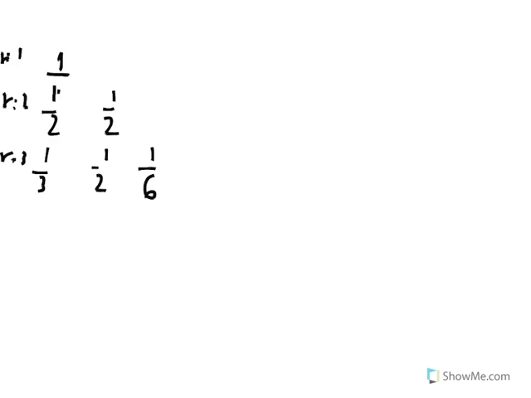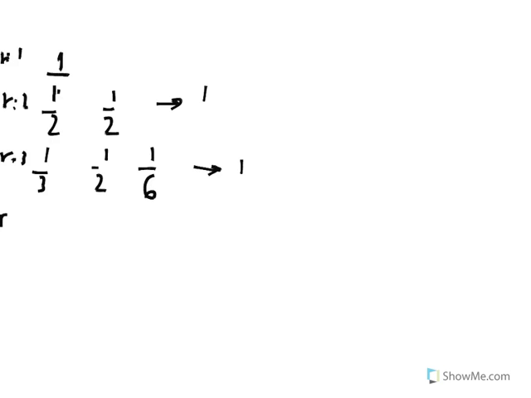First observation is that every row has one more number than the row before. Another observation is that the sum of all the numbers in the row always equals 1. So 1/2 plus 1/2 is 1, and 1/3 plus 1/2 plus 1/6 equals 1. So if I know all but the last number, I can figure out the last number by subtracting from 1.